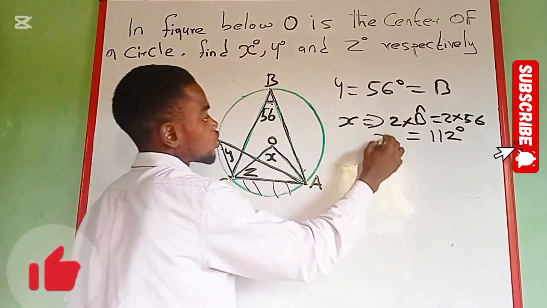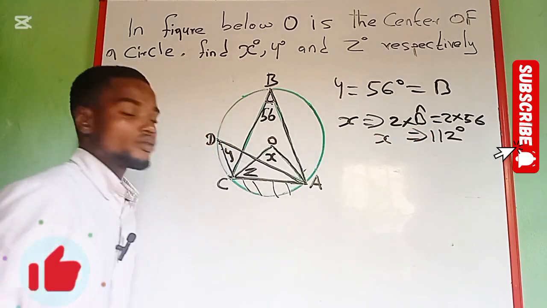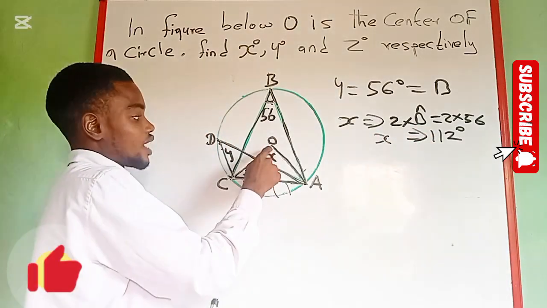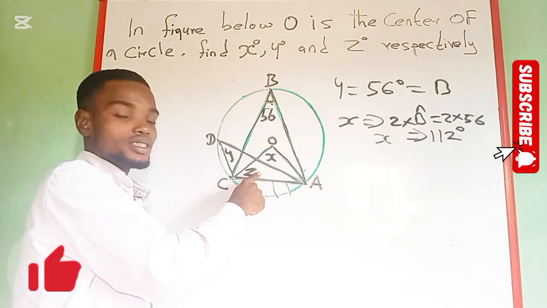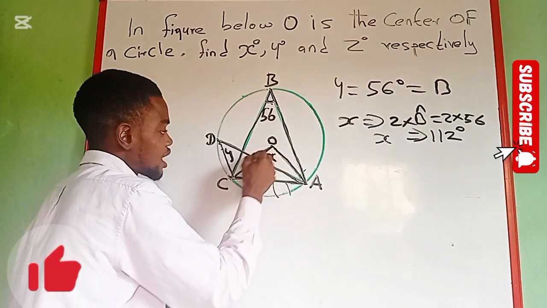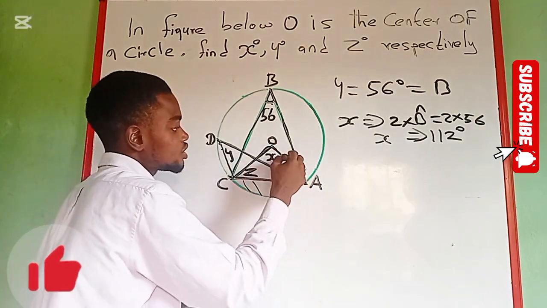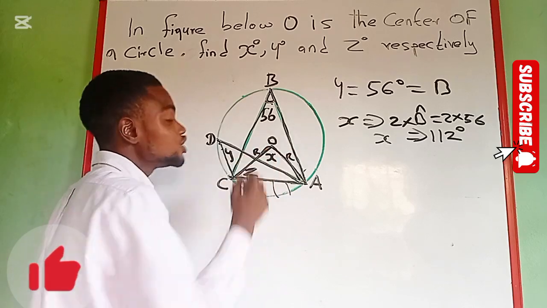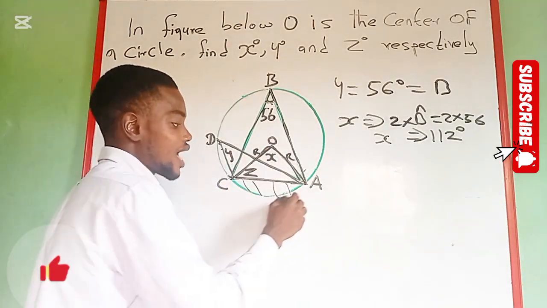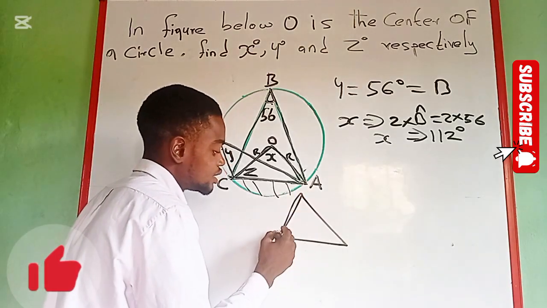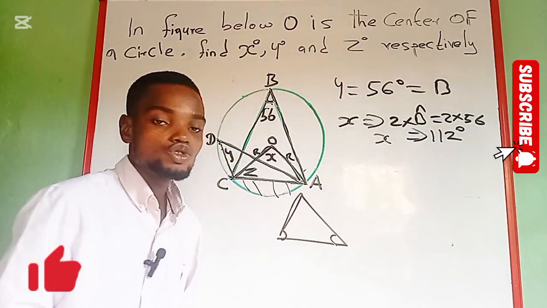So S is equal to what? 112 degrees. Now, because of that, how then can we locate this other angle Z? Now, in this triangle over here, because these are radii, and you know that radii are equal, it means that we have an isosceles triangle, and in an isosceles triangle, the two base angles are going to be what?